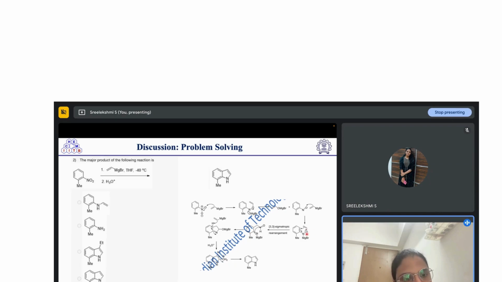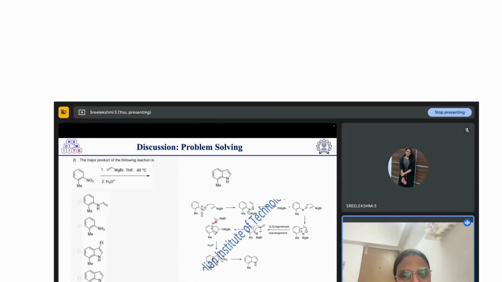Then there is a possibility of 3,3 sigmatropic rearrangement for this compound. So it will be basically 1, 2, 3 and 1, 2, 3. So the 3,3 bond will be forming, and the 1,1 bond will be cleaving to get this particular intermediate.